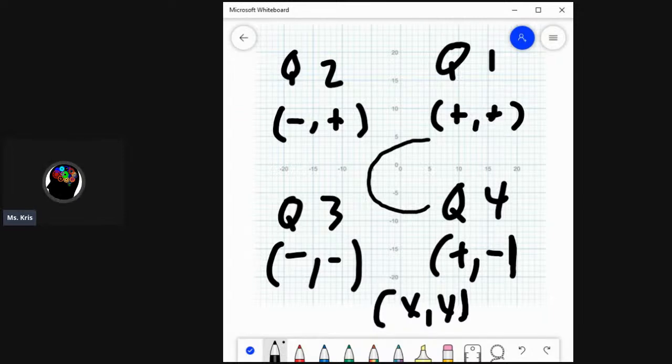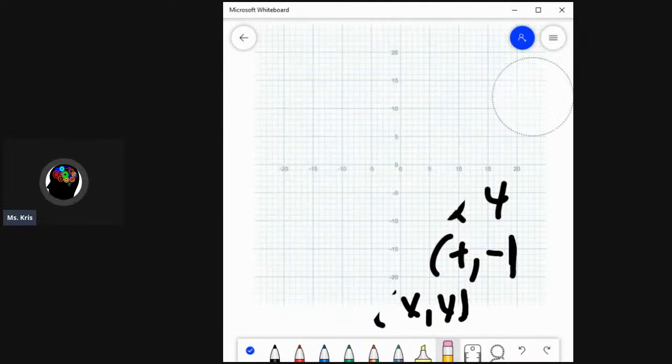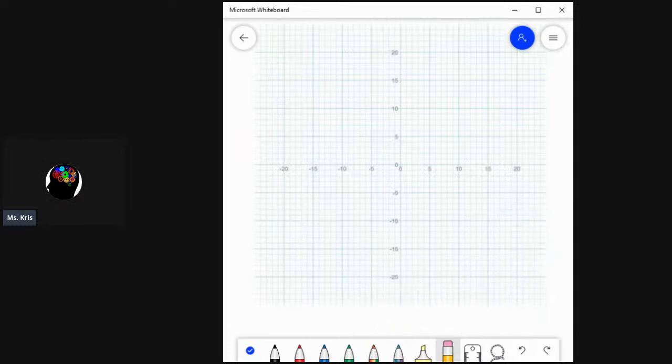Now, how do I plot my point on my graph? Well, let's see. Say, for instance, I have a point of 5, comma 5.